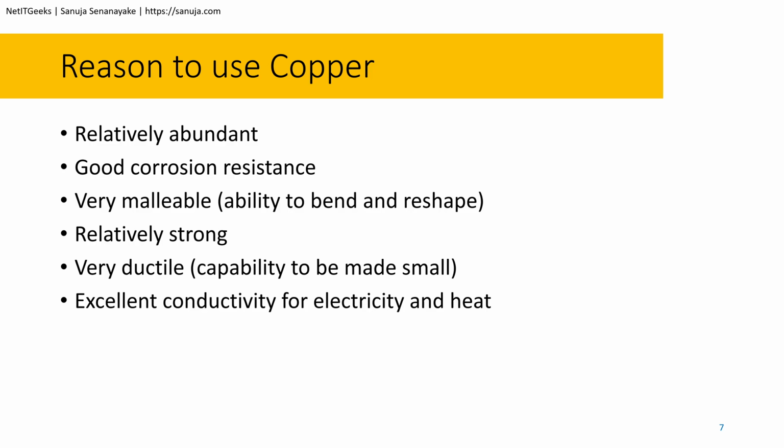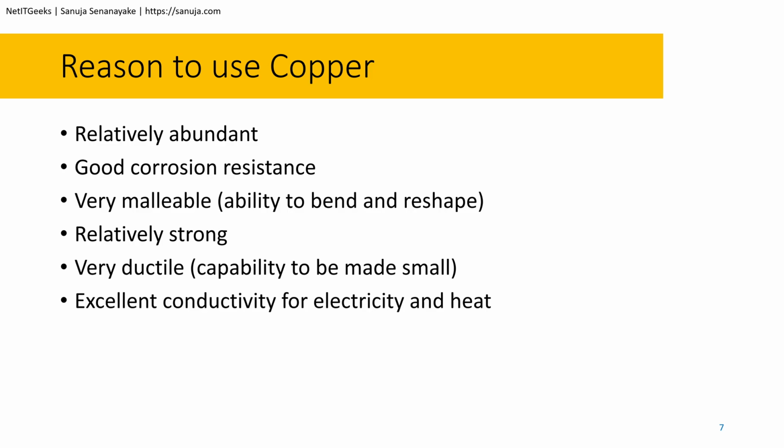Copper also has good corrosion resistance. In other words, compared to, let's say, pure iron, copper doesn't rust easily, even when exposed to environmental elements. Copper does rust, but it is really slow compared to pure iron. Copper is also very malleable, meaning it can bend and reshape without breaking.